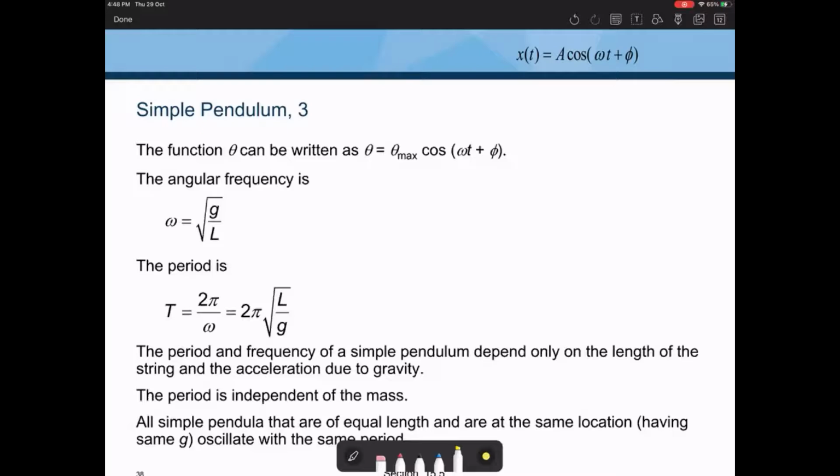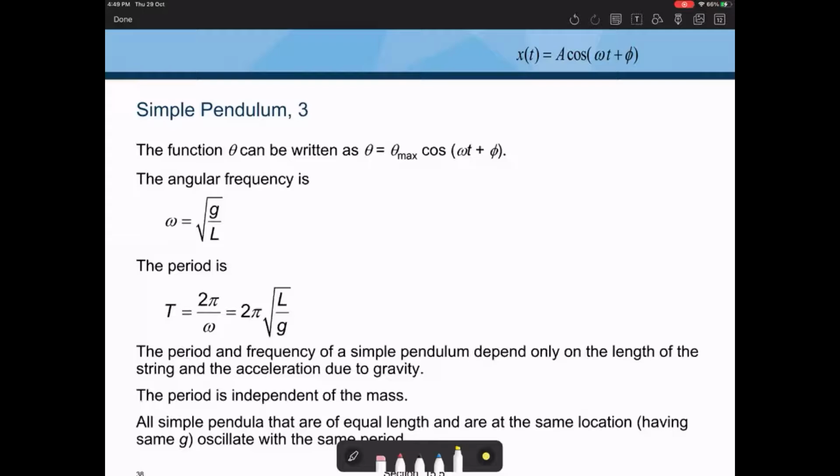So if you have a very long string, you would expect a very long period of oscillation, just like playing the swing in the playground. If you have a very long chain, the oscillation period will be long. If you have a very short chain, the period of oscillation will be short. So this equation provides the physical explanation of the observation.